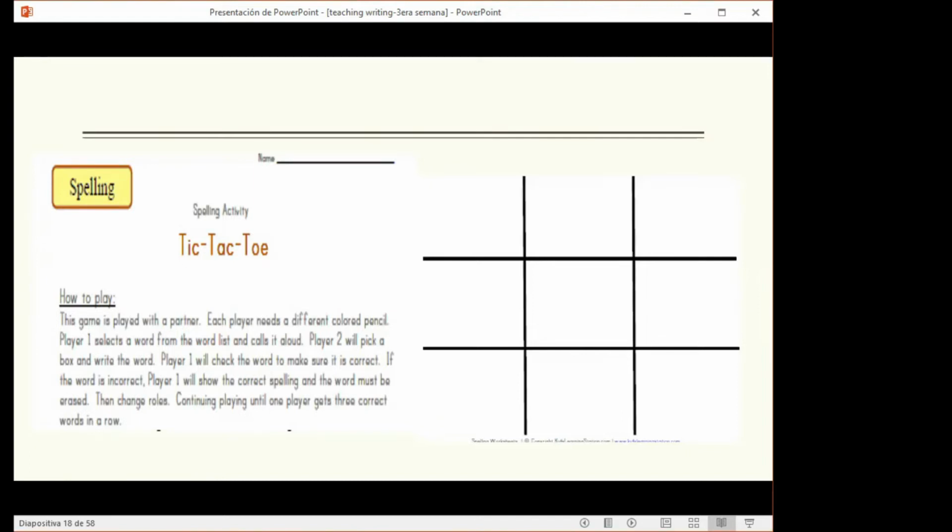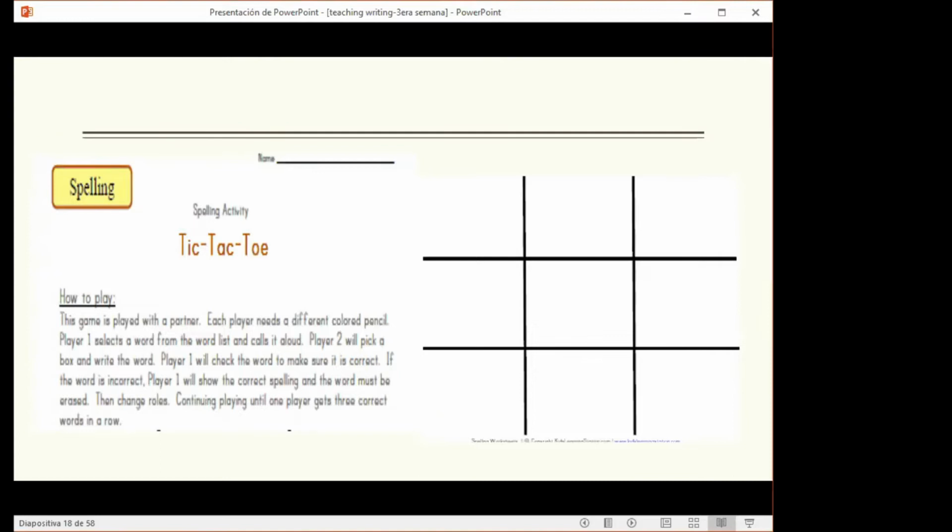And player one will check the word to make sure it is correct. If the word is incorrect, player one will show the correct spelling and the word must be erased. Then change roles. Continue playing until one player gets three correct words in a row.